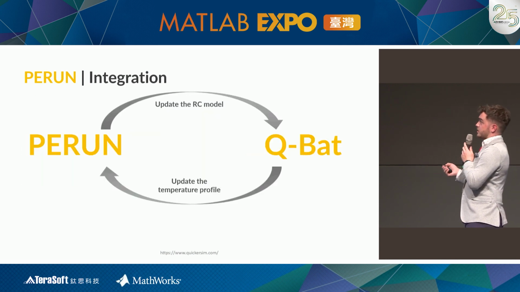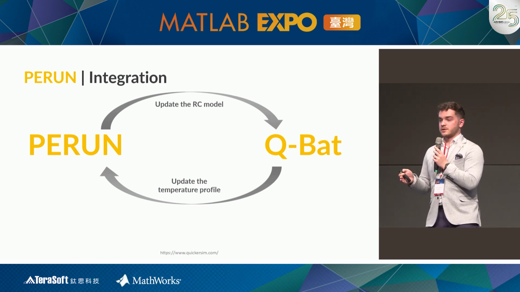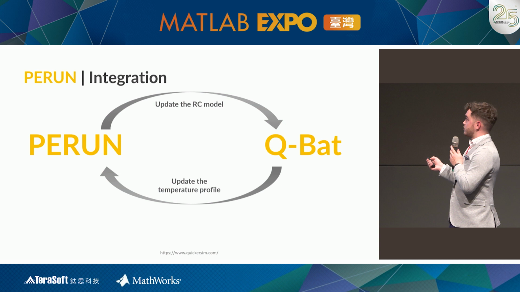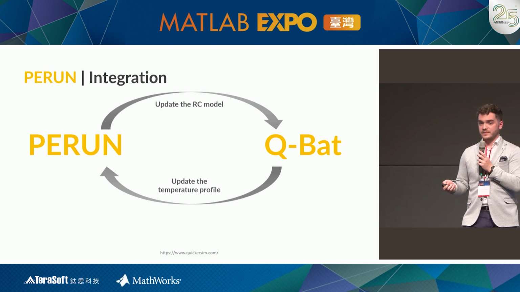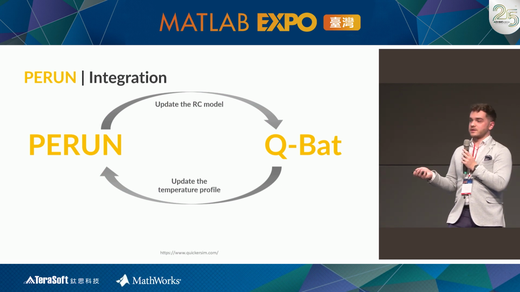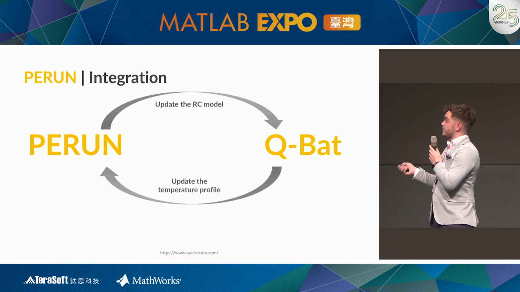And what's more, we plan to have Piran integrated with Cubot so that you can have both of those tools even more accurate. So first of all, with Cubot, you can simulate the thermal conditions of your battery pack based on the cell data that you have from the initial battery cell.